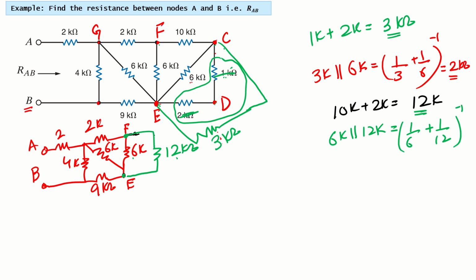So what is the equivalent of this one? 4K, right? So this 6K and 12K become 4K in parallel.